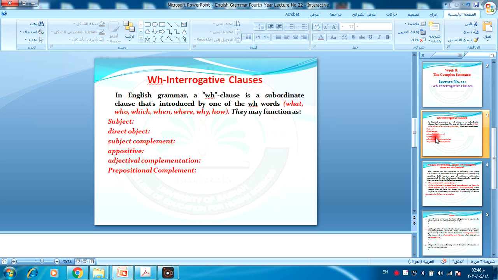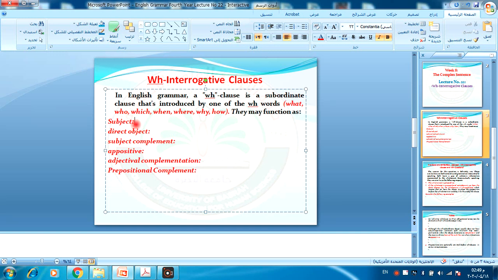Now, the WH interrogative clauses occur in the whole range of functions available to the nominal that-clauses. However, they may have some additional functions. So first of all, they function as subject, so they can be used as the subject of the clause. For example, when we say, how the team will play depends on the coach.